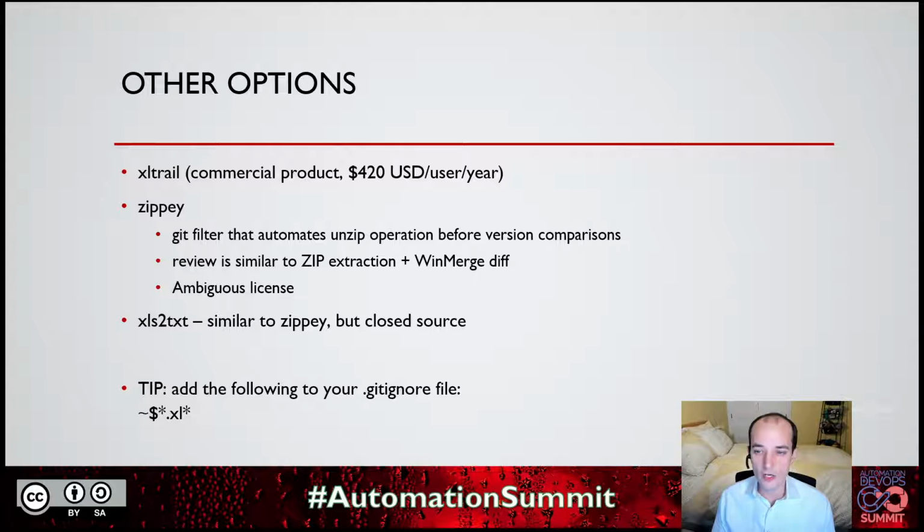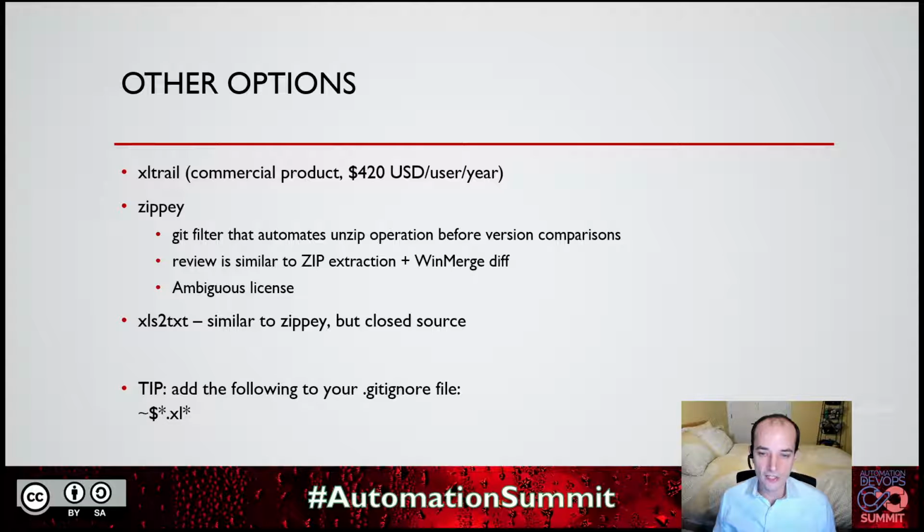I think it's something that a trained business user could use, as opposed to trying to get somebody to do git diff, which probably won't be tenable for a non-technical business person. So Excel Trail looked very promising, but on the negative side, it's $420 per user per year. And in my case, with this being a community project, I can't justify that sort of an expense. So for me, this looks solid, but it's sort of out because of the expense associated with it.